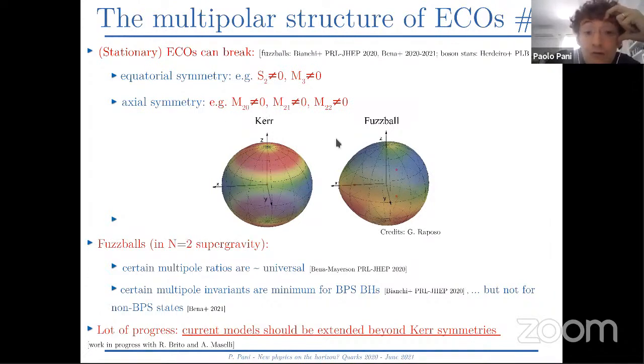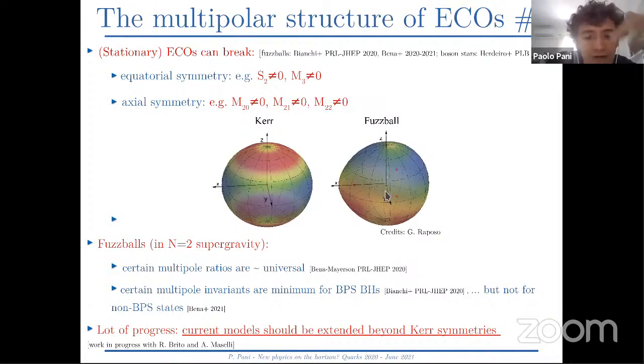Or in general, if the solution is not axisymmetric like this one here, you can have a quadrupole moment tensor that is just one number for Kerr. And this diagram is showing the shape as the mass moments, and the color scheme as the current moments, to try to show both moments in a single plot. You see that the object is not axisymmetric, and also its current moments are more complicated.